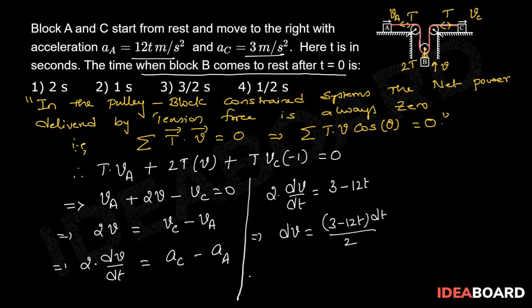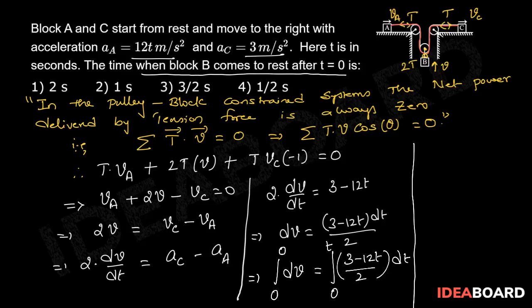So integrating this, we can write integral dV is equal to integral of (3 minus 12t) upon 2 dt. When the time is 0, the initial velocity is 0. When the time is t, let us suppose the block B has come to rest.